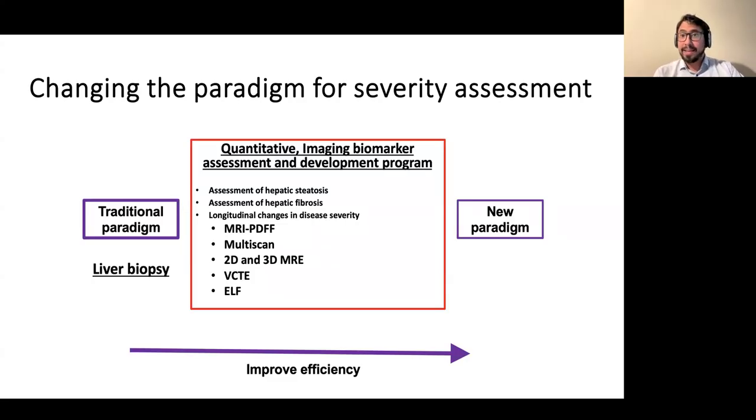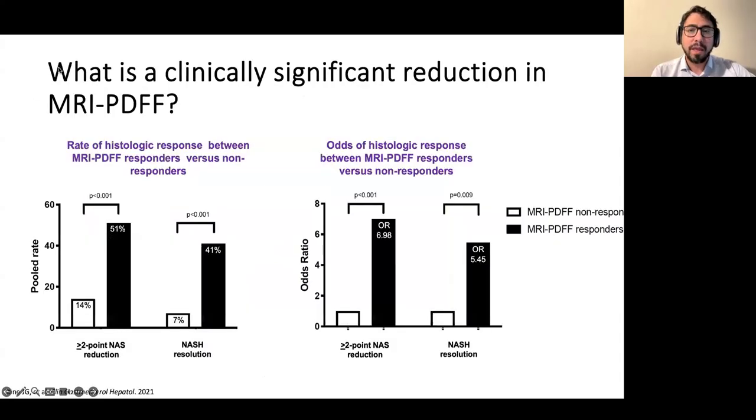Other markers like CK18 by using M30 or M65, or the microRNA 122 could also be helpful in this scenario, but data is modest and we need more information to use them as a biomarker. But the concept is that we need to move from the traditional paradigm, liver biopsy, to non-invasive biomarkers.